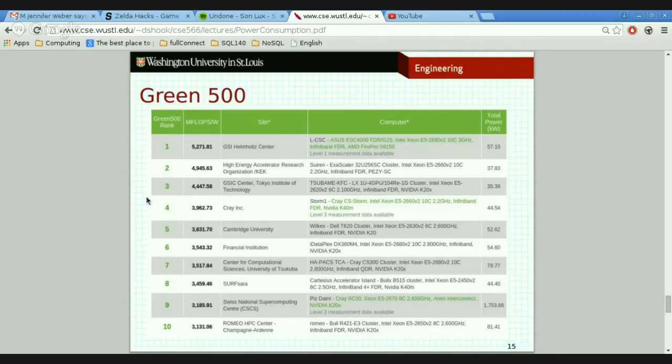And so you can take a look at all of these values on the Green 500 website, which I've actually linked to on the course calendar page. Perhaps the fastest computer on here in terms of performance, I believe, is this Piz Daint one down here at number 9. I don't actually have it written down in my notes where it falls on the Top 500, but it is a very fast computer used for climate modeling.